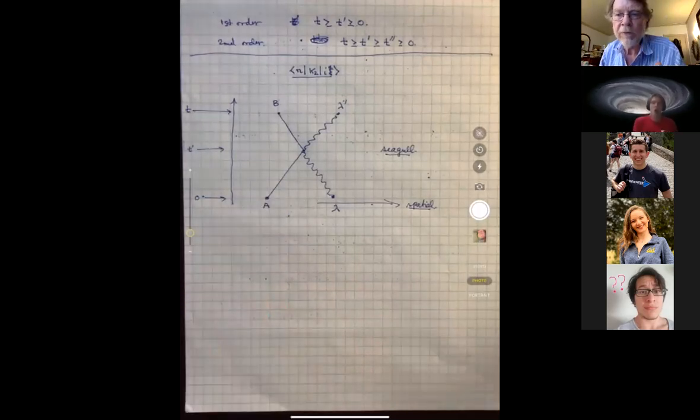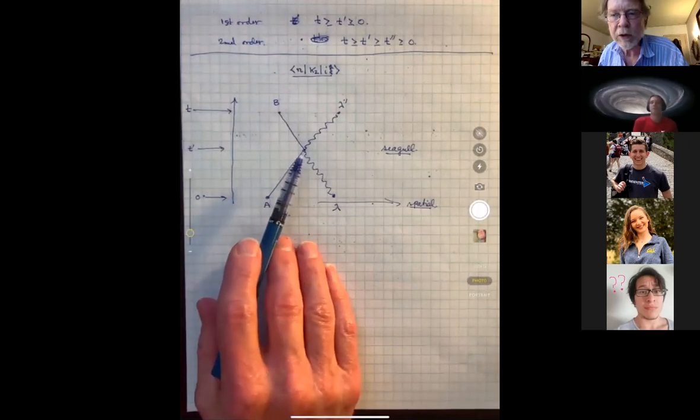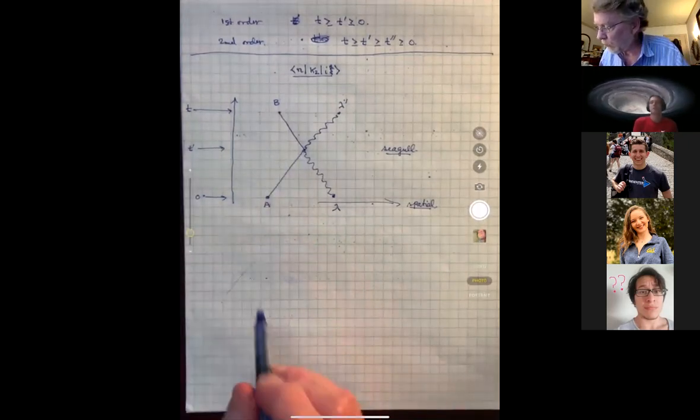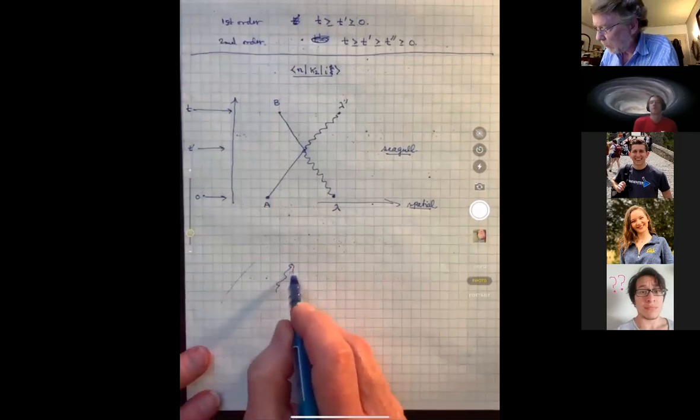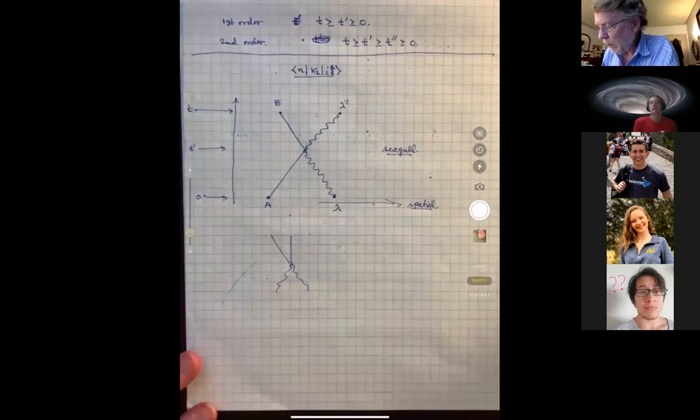It could either create two photons, destroy two photons, or destroy one and create one. In this application, it's the latter possibility that is realized, and this is what you get. You could also have it destroying two photons. You could get diagrams that look like this, or even like this. You see, from the A squared term, you can get 4-point vertices that look like that.